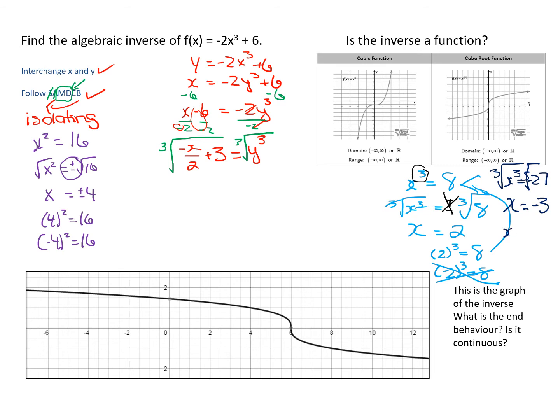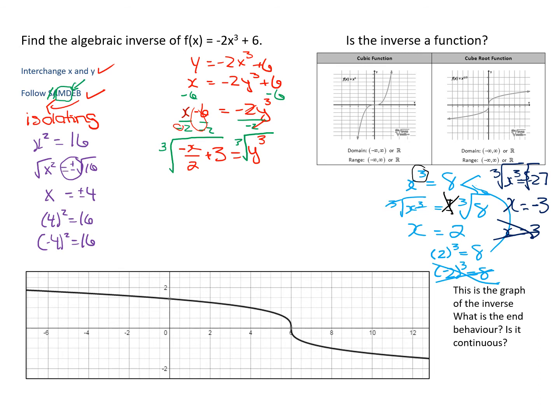I can't have x equals +3 because +3 times +3 times +3 is not -27. So when you have a third root, we're just going to stick with the sign that was in the original question, whether it was a positive like the 8 or a negative like the 27.